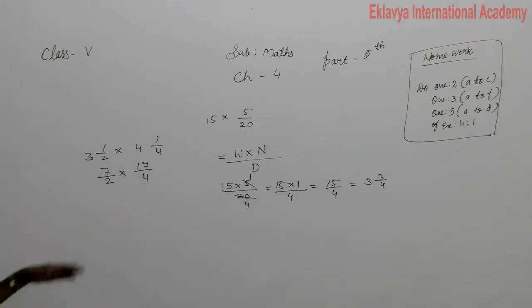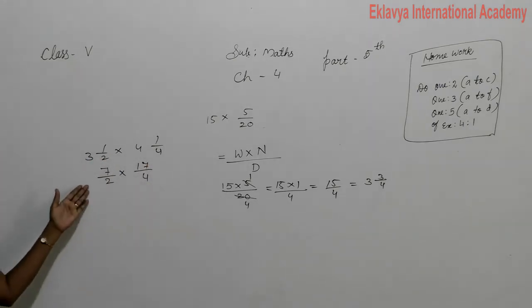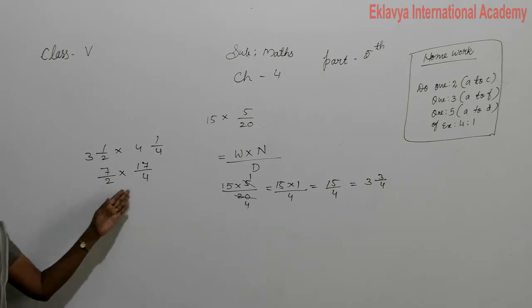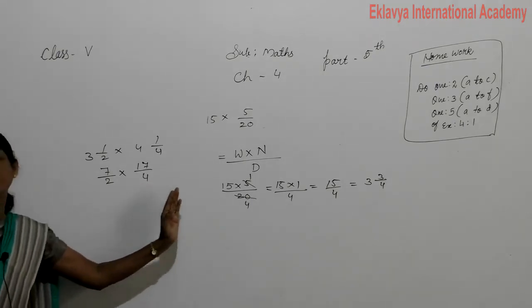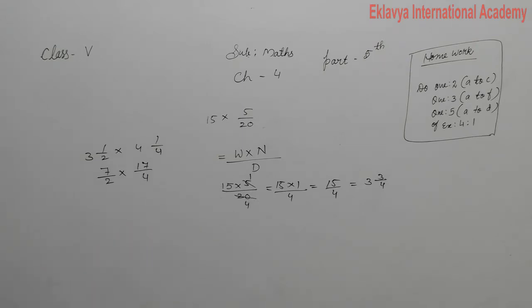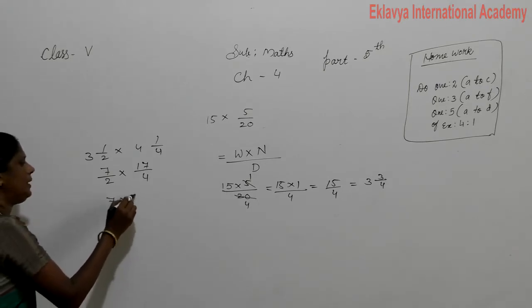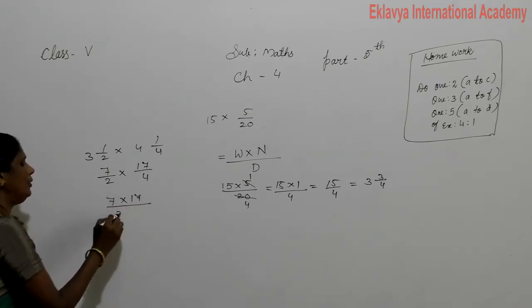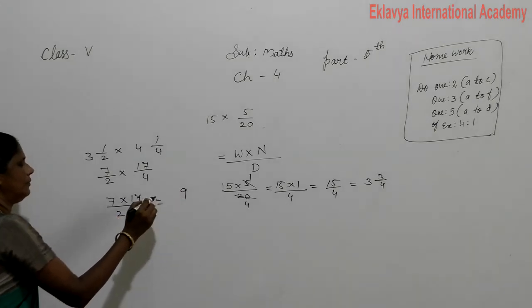Now, is there any common factor here? No, there is no common factor, so the numerator and denominator are not divided. First you multiply this: 7 multiply 17 upon 2 multiply 4.